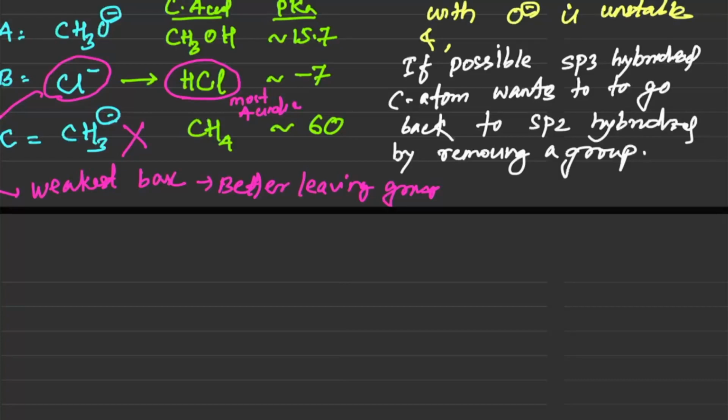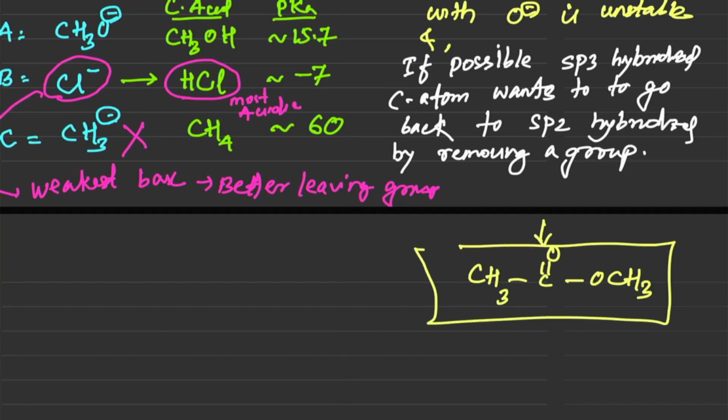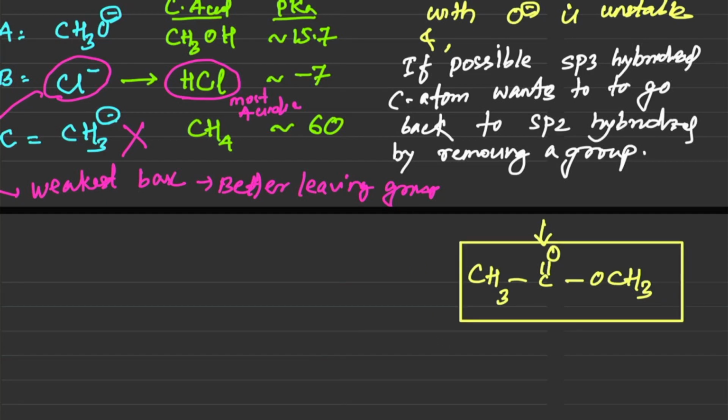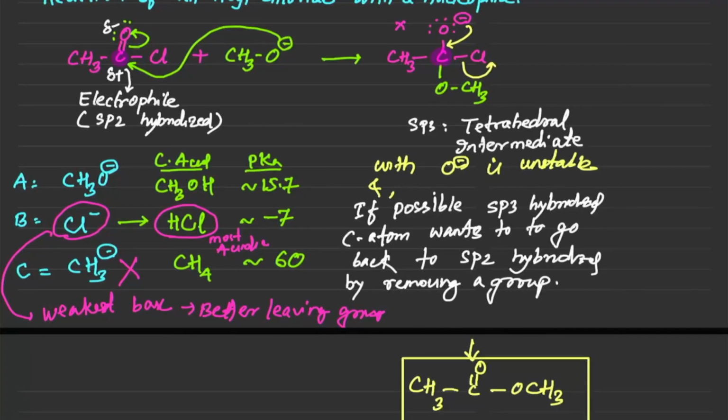It will look something like this: CH3CO, OCH3. Okay, so that's the answer. And we got our Cl minus. Okay, so that's our ester. So this is how you can make esters. So basically we removed a group here. Okay, let's stop this video here.